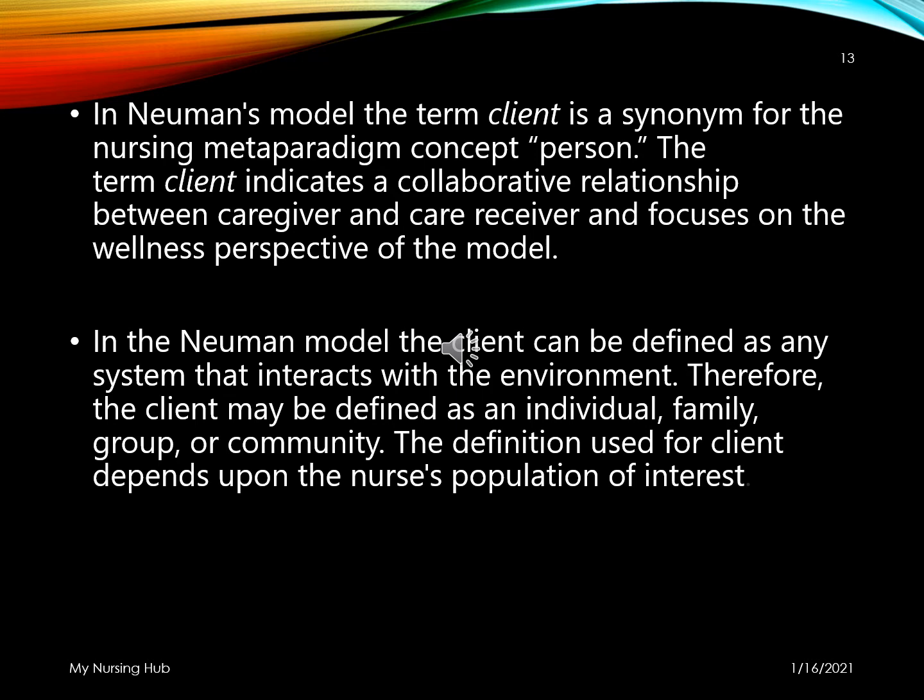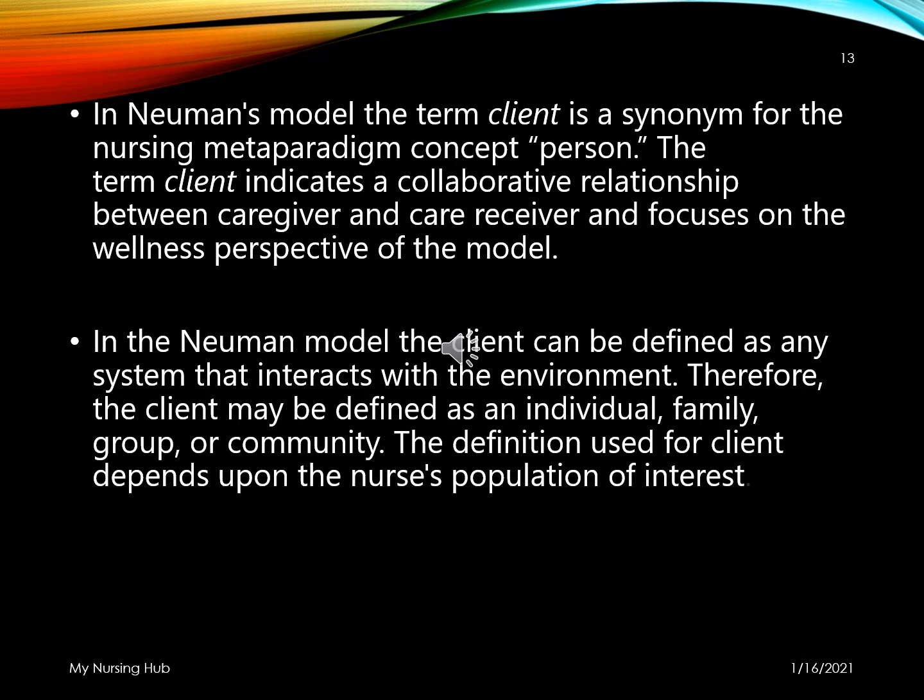In the system model, therefore, the client may be defined as an individual, family, group, or community interacting with the environment. It's not only an individual. It can be a family, a group, or a community. For example, if a communicable disease is present, the whole community system is affected, so here the client system is the community.